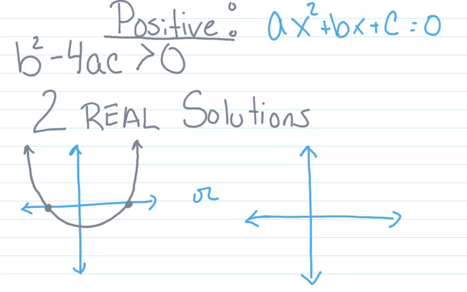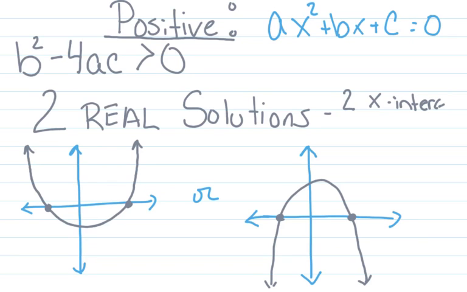This could also go like this. And so this just means that it's crossing your x-axis twice, or there are 2 x-intercepts. Okay?